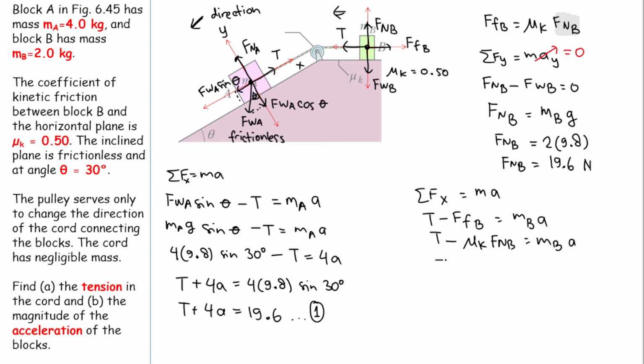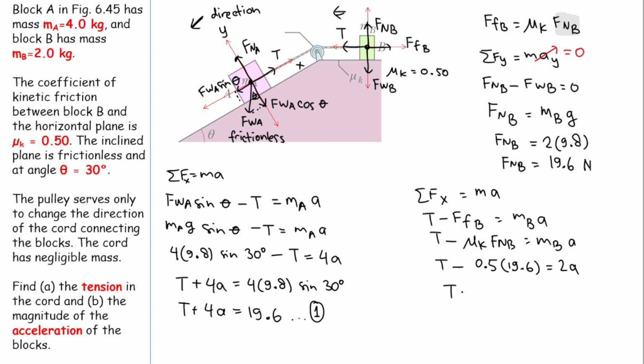Okay, now let's plug in the numerical values. T minus mu K, which is 0.5, and FNB here is 19.6, and then the mass of P is 2 kilograms, so I have 2A. And we can isolate this, right?